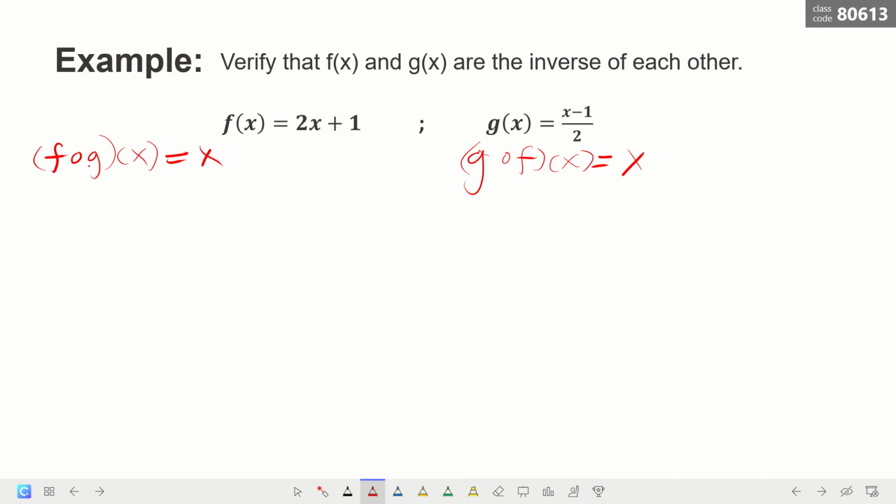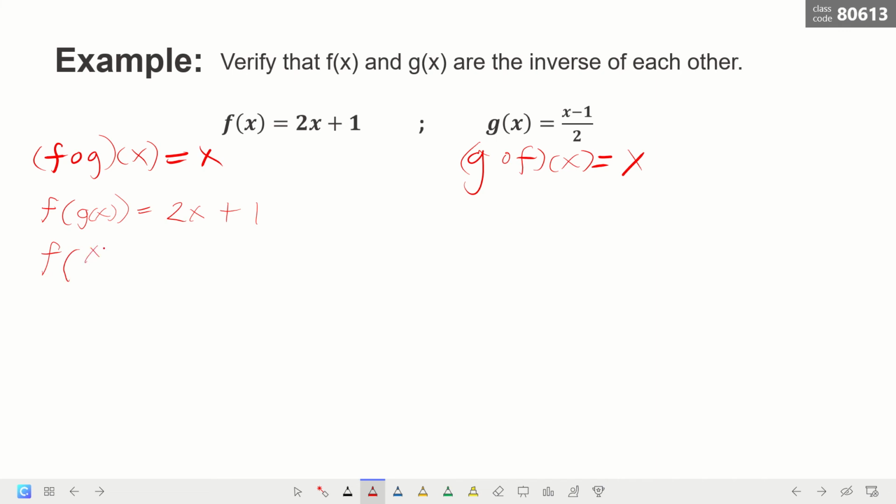Okay, so we can write this in this manner. f composed of g of x is equal to ito. So, yung equation ng f of x natin is 2x plus 1. Since ang value ng ating x here is g of x, we substitute this one with our value of g of x.